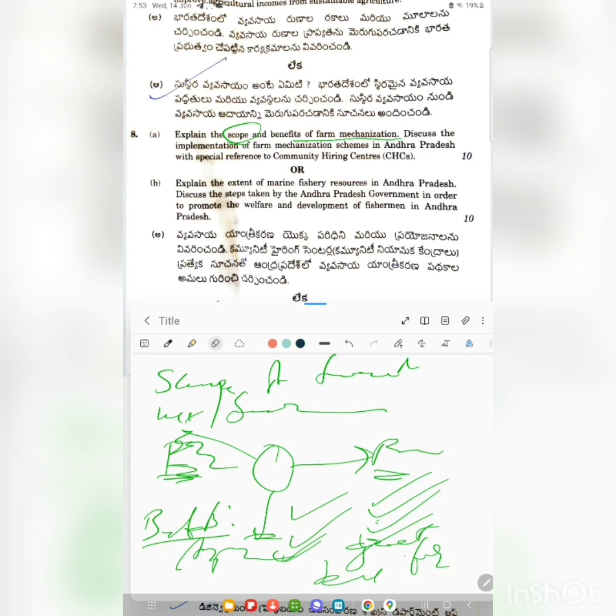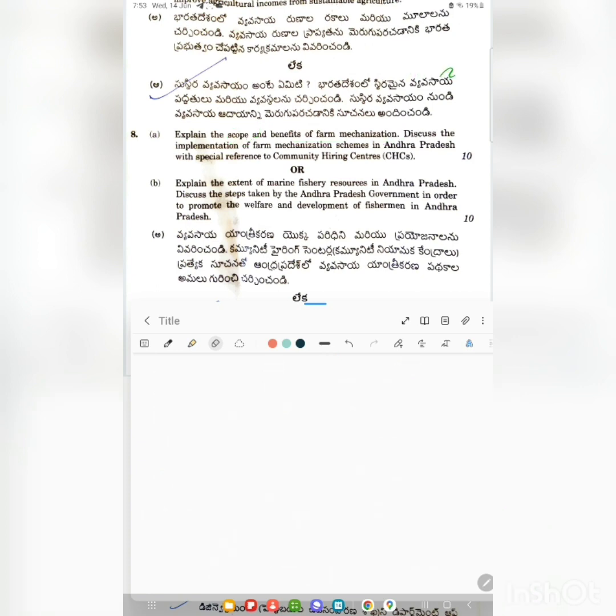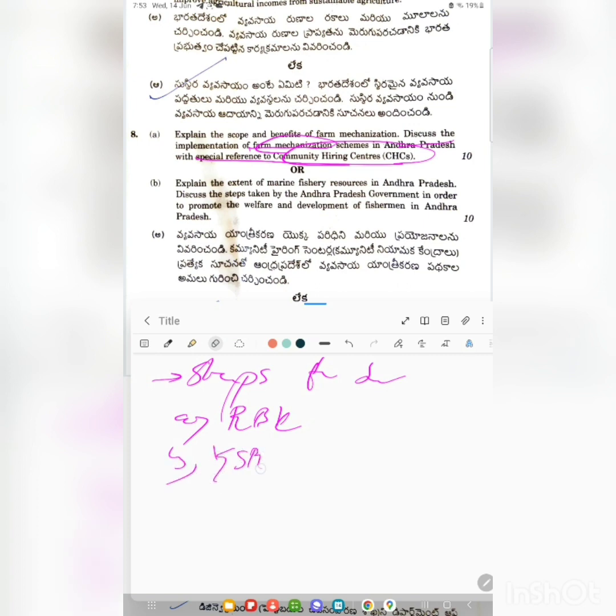And then I wrote about the implementation of farm mechanization schemes in Andhra Pradesh with special reference to community hiring centers. Then I spoke about the steps taken for farm mechanization. I simply wrote Raitu Bharosa Kendras, and I wrote about the YSR Yantra Seva scheme with respect to farm mechanization.